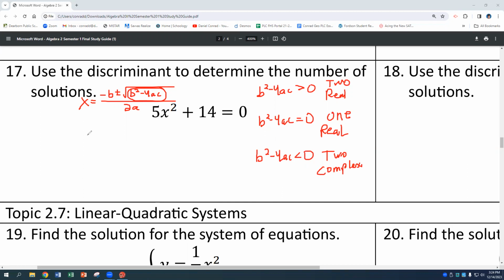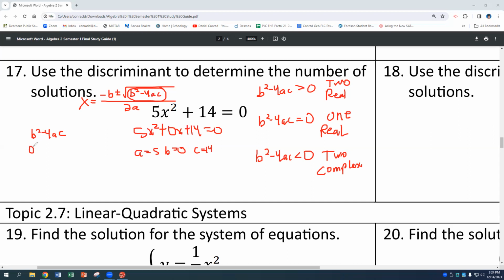Okay, so this one really is 5x squared plus 0x plus 14 equals 0. So A is 5, B is 0, C equals 14. So all we need to do is b squared minus 4ac.